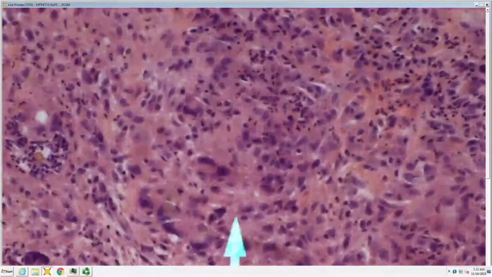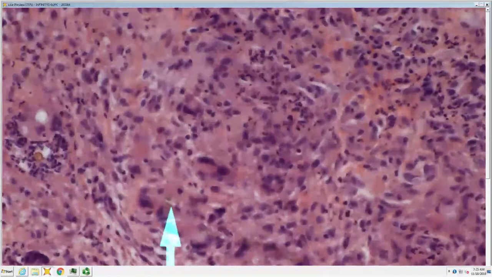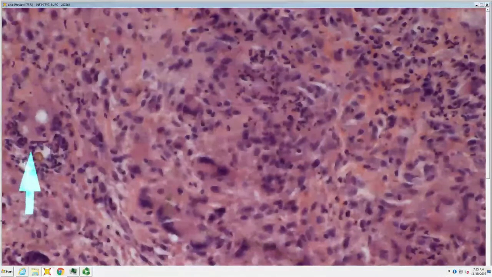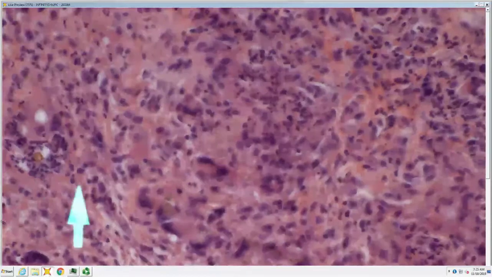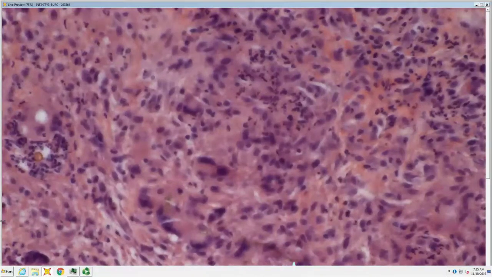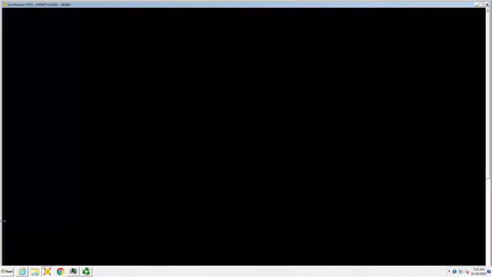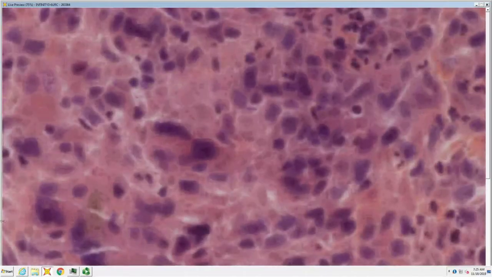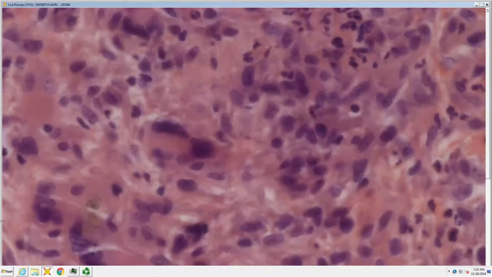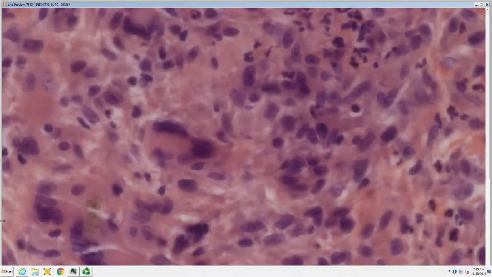And in the area of giant cells, we start to pick up some things. So what do we have? Brown pigmented hyphae look like sausage links.